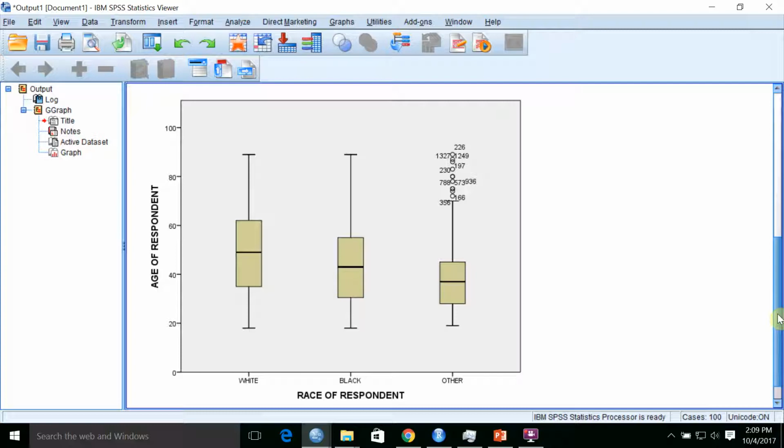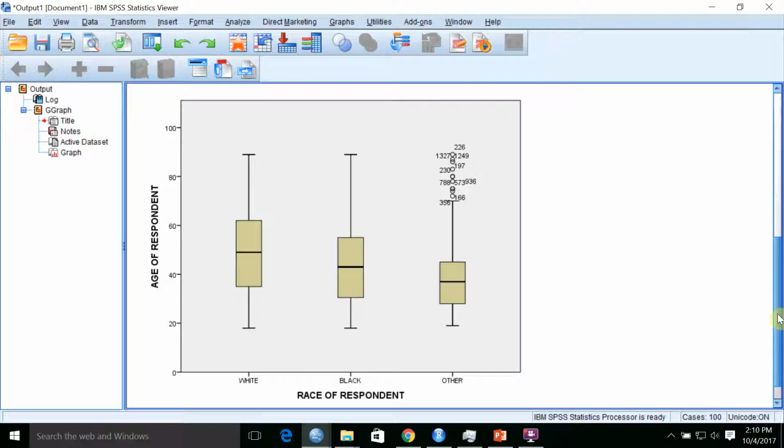So it looks like there is a difference in the means. White is slightly higher than black, which is slightly higher than other, but there is significant variation, particularly with the white and the black, and even the other has some serious outliers that would seem to suggest that maybe there's a difference, maybe there's not. You can't really tell by just sitting here looking at the data.